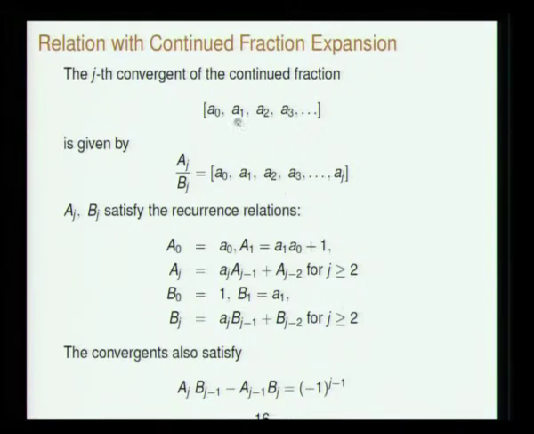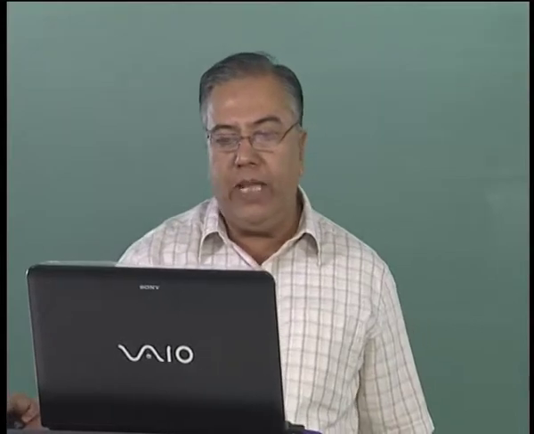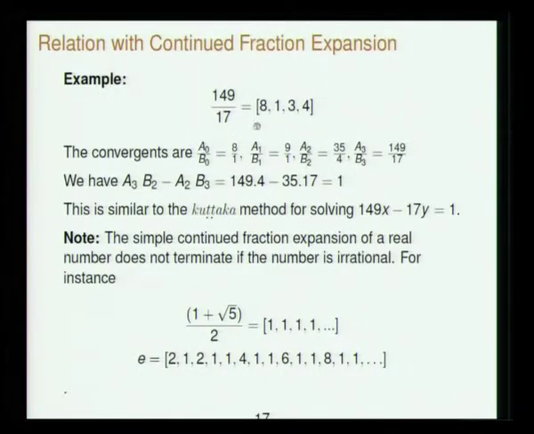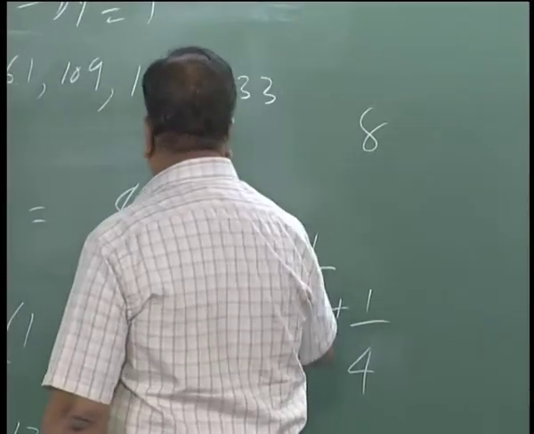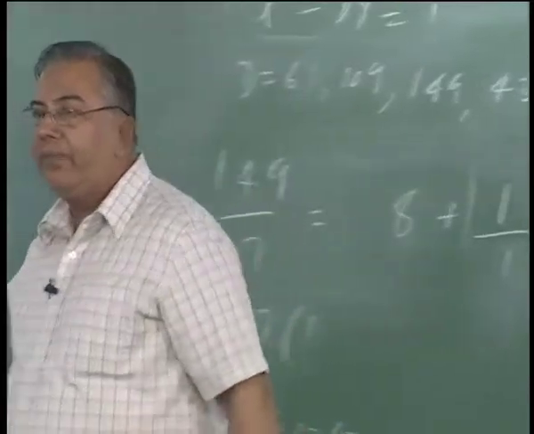So Aj and Bj are obtained if you have a continued fraction, whether it is terminating or not terminating, you terminate at any point, you get the corresponding convergent. Those will be rational approximations to the irrational number that you have. They will be optimal in some sense. So you can straight away see, if you terminate it here, it is 8, then 8 plus 1 over 1.